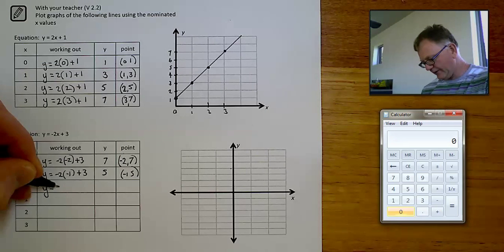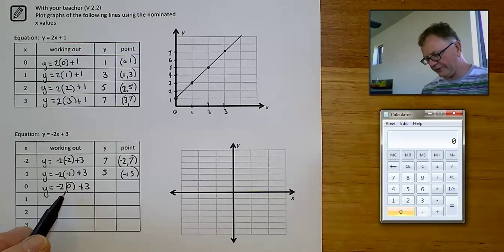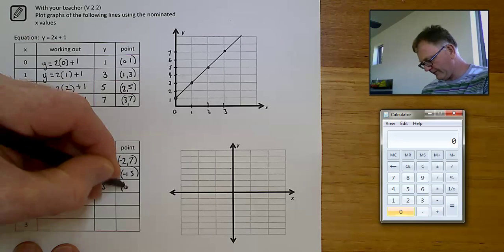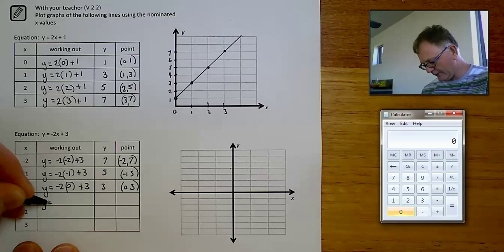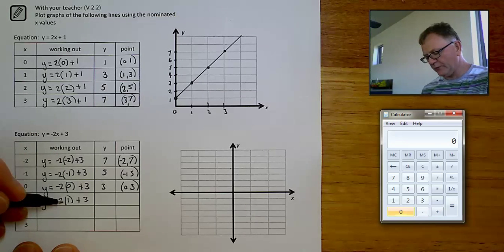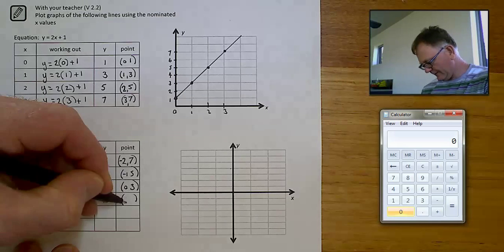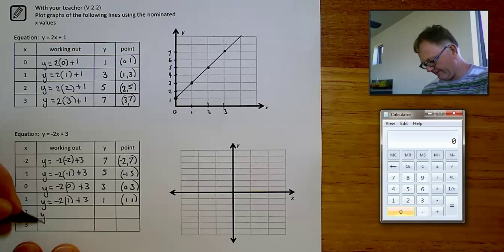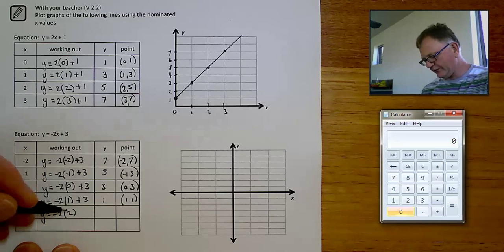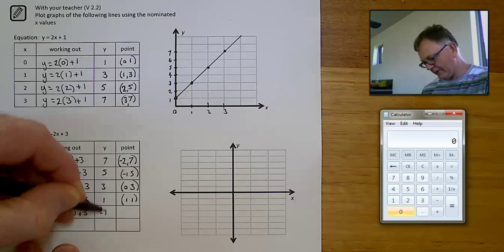When x equals 0, y equals negative 2 times 0 is 0 plus 3 is 3. There's another point on our graph. When x equals 1, y equals negative 2 times 1 plus 3. So that equals minus 2. Minus 2 plus 3 equals plus 1. The point 1, 1 is on the graph. When x equals 2, minus 2 times 2 is minus 4, plus 3 is minus 1.